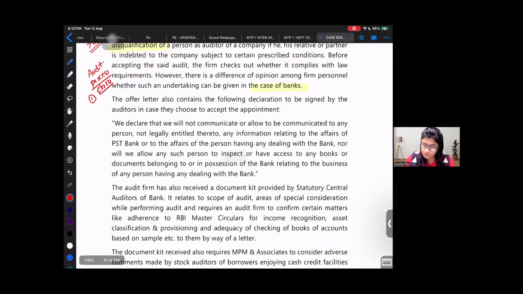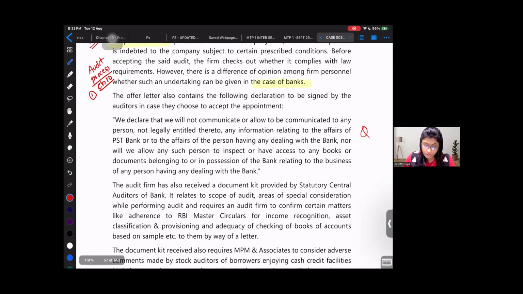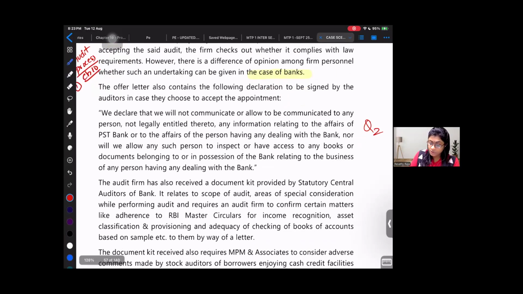Here, question 2: we declare that we do not communicate or allow to communicate to any person not legally entitled any information relating to the bank or the person dealing with the bank, nor will we allow any person access to these books or possession of the books having any dealing with the bank.